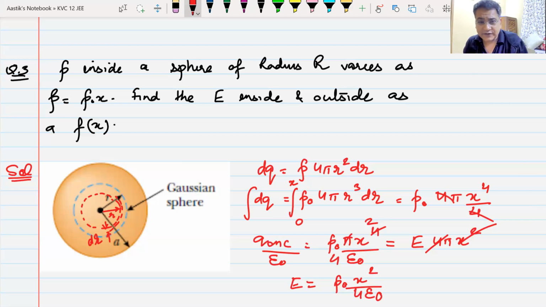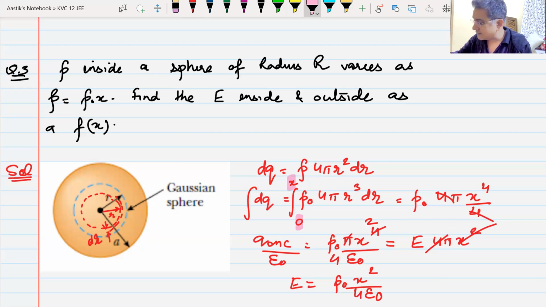Now, what will be the difference between a point inside and a point outside? For any point inside, you integrate from 0 to x for the charge. For any point outside, what will be the difference? The next question is to find the field at any point outside the sphere.